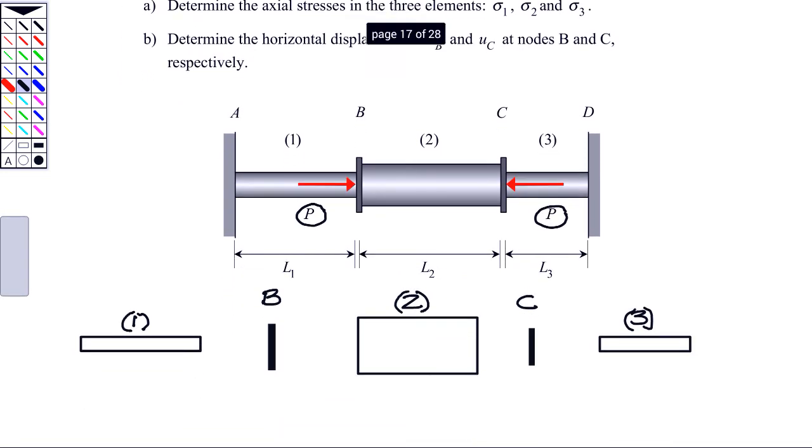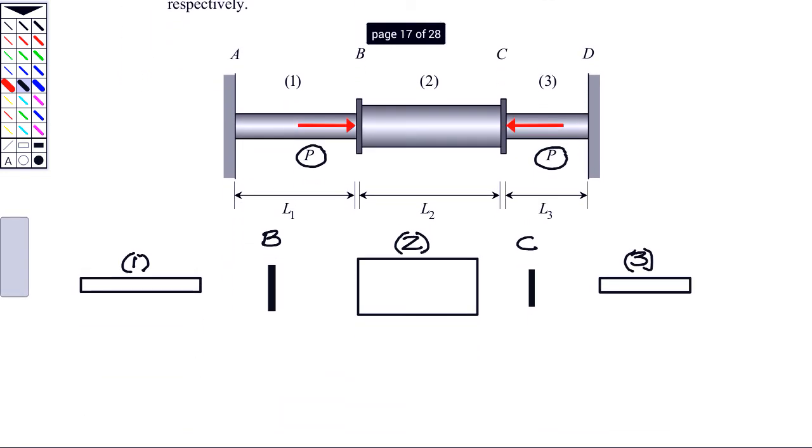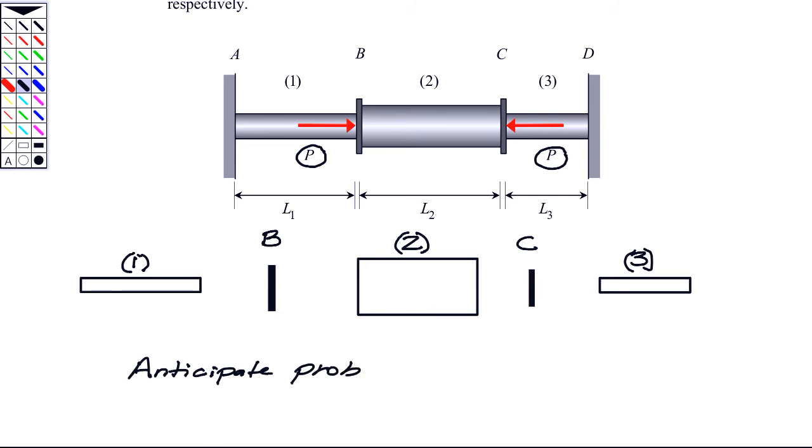Well, one thing that we should do here is anticipate. I'll put this in parentheses. It doesn't help us get the answer, but we should anticipate that the problem is statically indeterminate. Why is that?